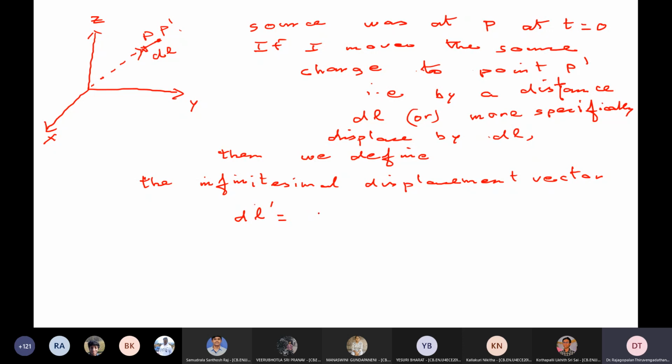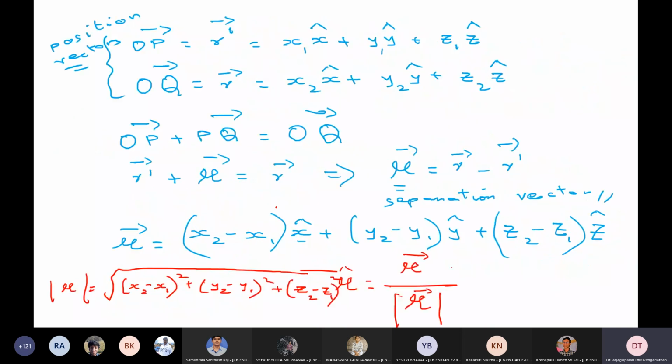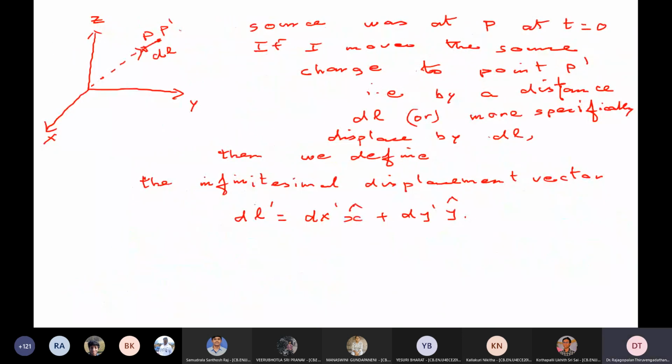So we use dx prime x hat plus dy prime y hat plus dz prime z hat. The use of the prime coordinate is reserved for the source. Prime coordinates define the source. So this is the displacement which we have encountered.